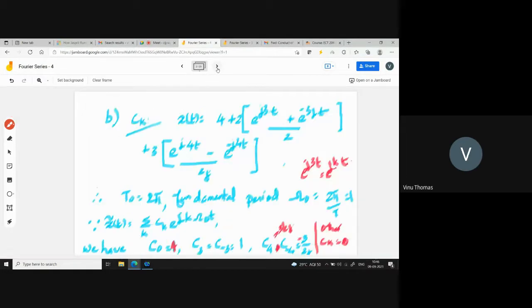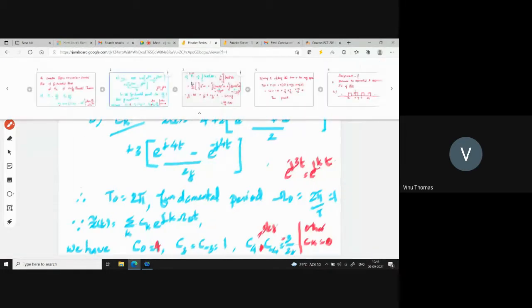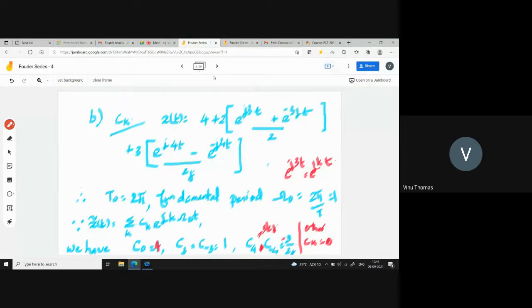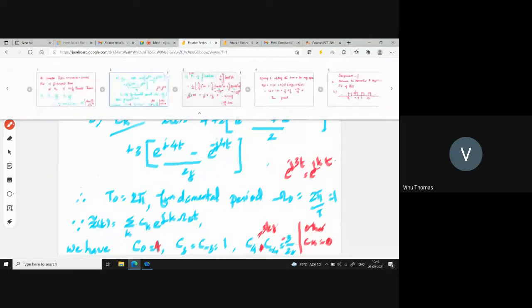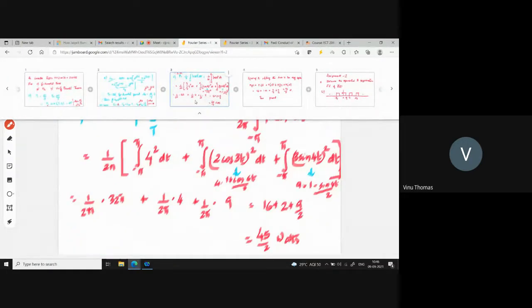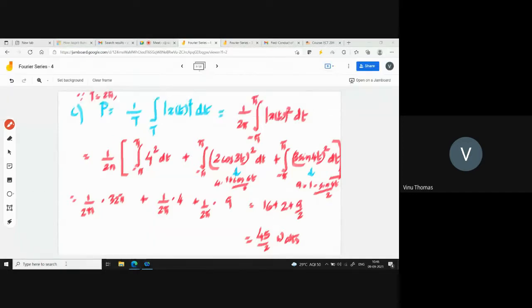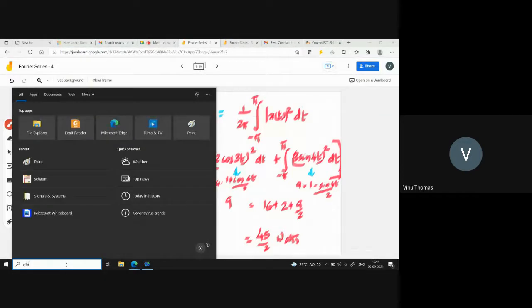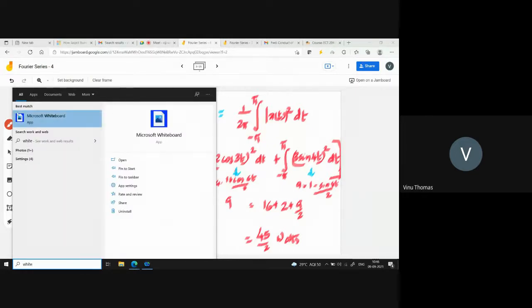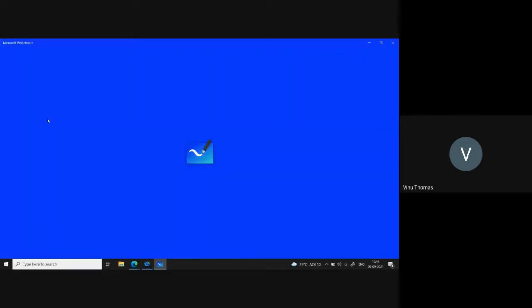So what I'm going to do here is add one slide here, and I will open a whiteboard session. And we will try to plot the line spectrum for the sequence.